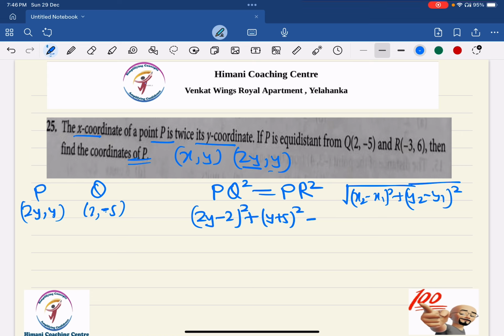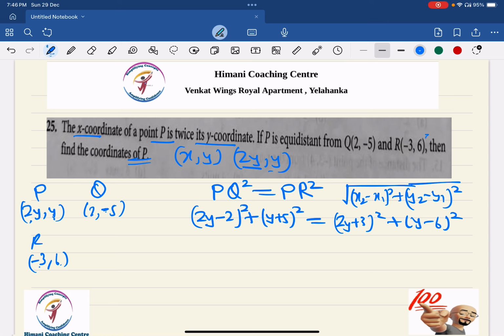Okay, that would be equal to, now let us take R. So R is minus 3, 6. So what would that be? That would be 2y plus 3 square, because 2y minus minus 3 would be 2y plus 3 whole square, and y minus 6 square.